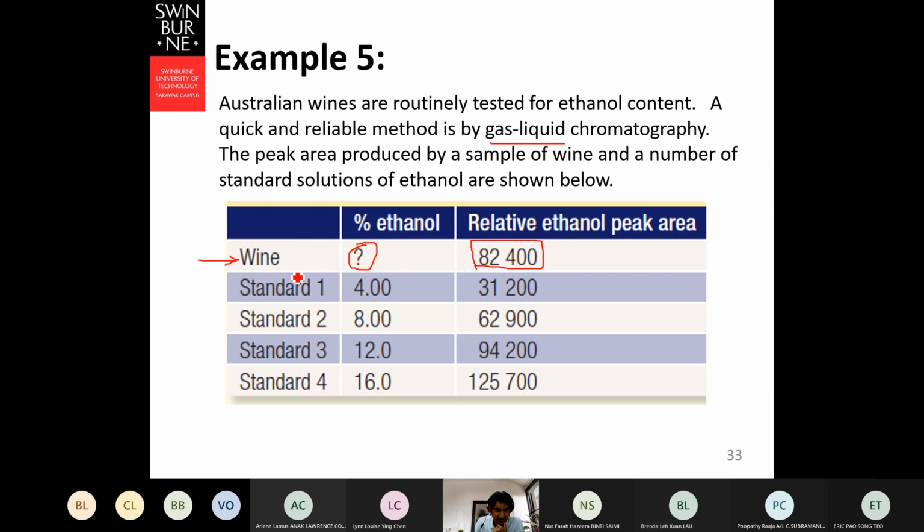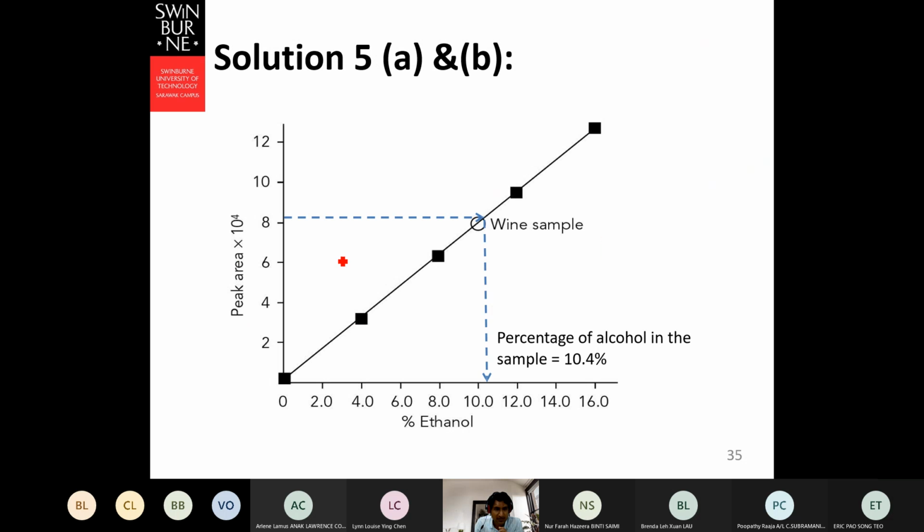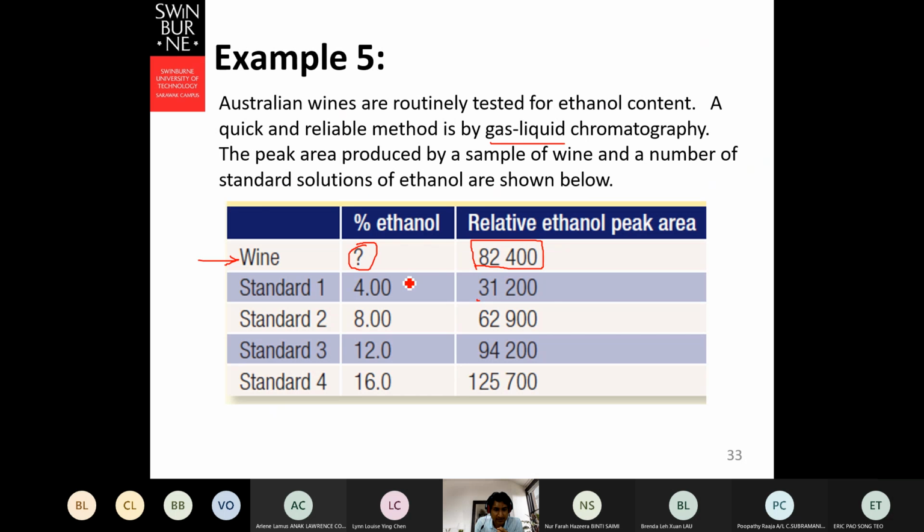For standards 1, 2, 3, and 4, I used the same instrument, same setup, everything, and I found these values. So I put these 4 values on the graph paper like this and draw a line.